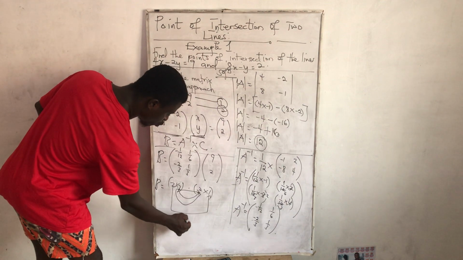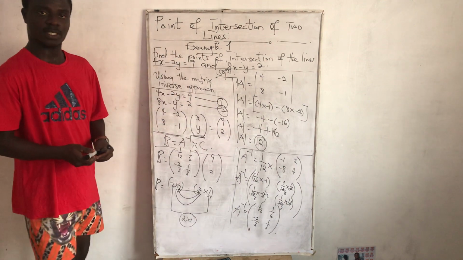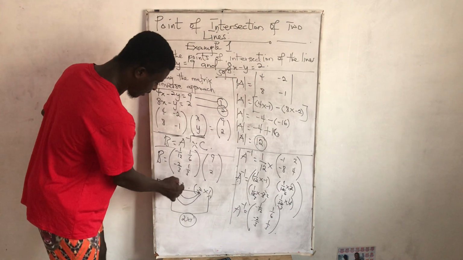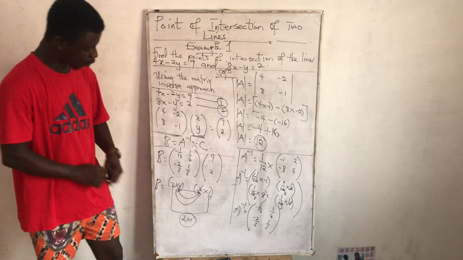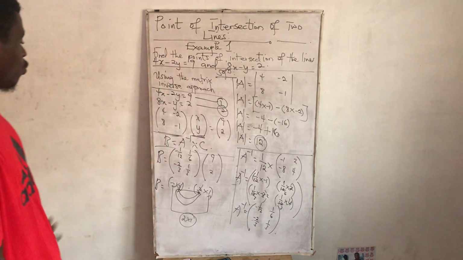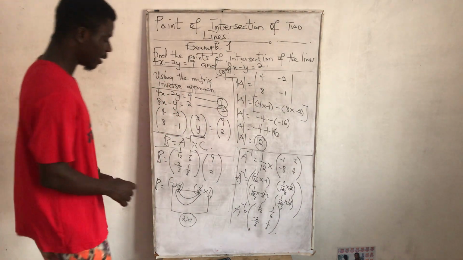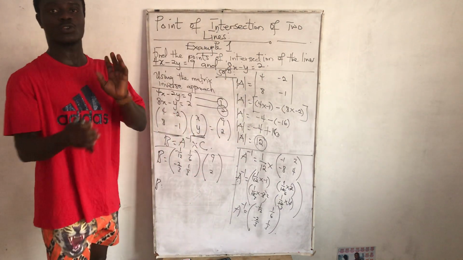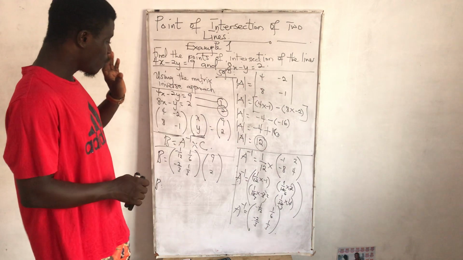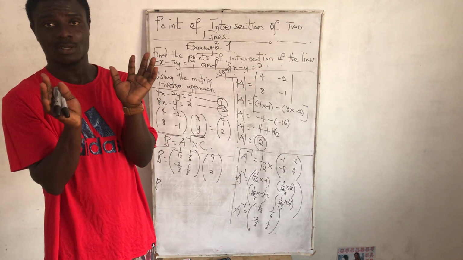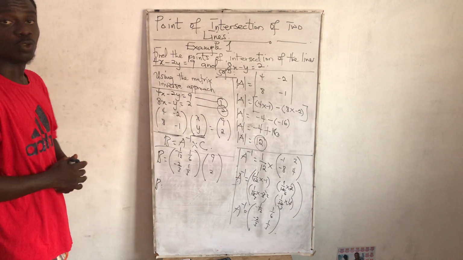The inside elements, which is 2 and 2, are the same, so they cancel out here. So our result is a 2 by 1 matrix. If you were to say the result is a 2 by 3 matrix, then make sure you know that is wrong, because we are getting a 2 by 1 matrix.